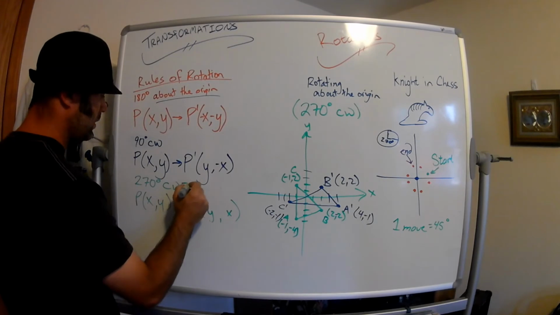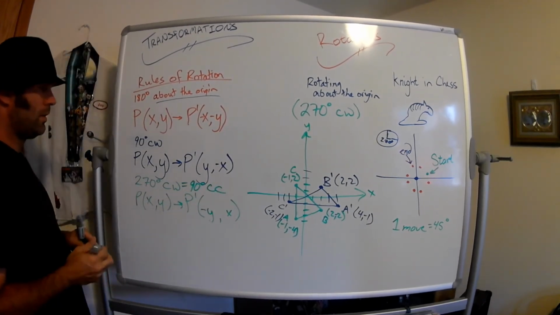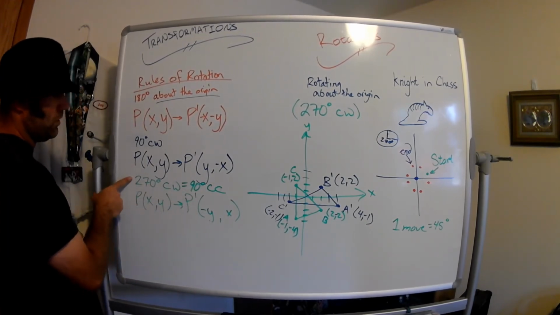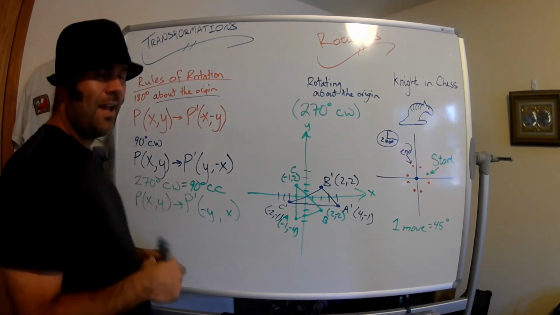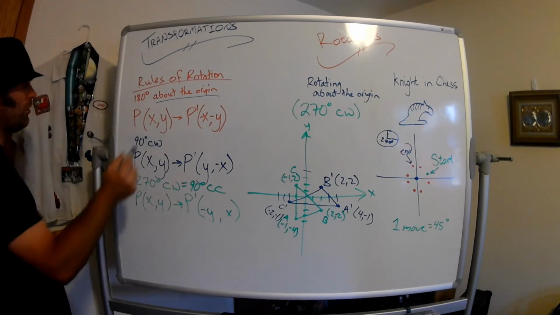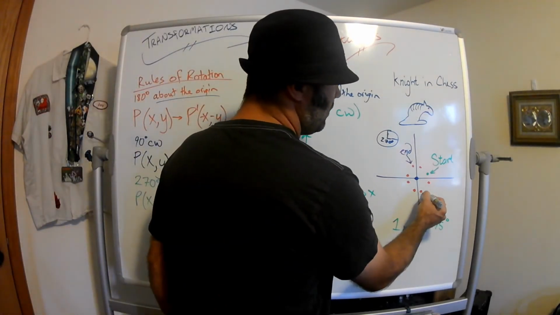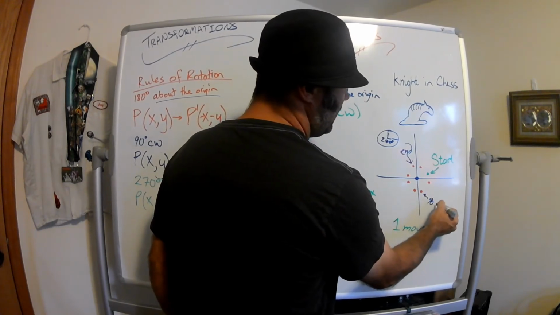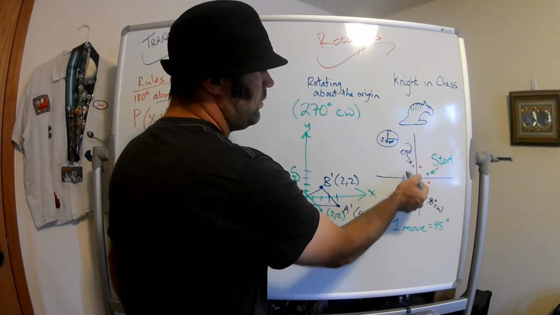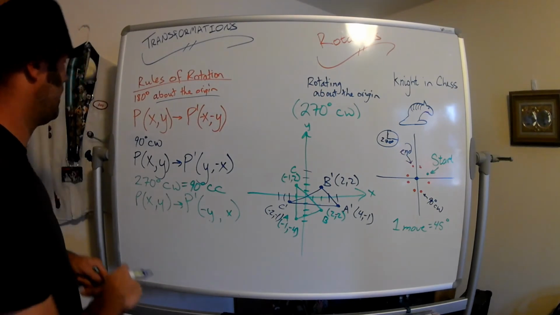Equals 90 degrees counterclockwise. So this rule applies for both 270 degrees clockwise and 90 degrees counterclockwise. So let's see here, 90 degrees clockwise would be here, right? That's 90 degrees clockwise. And that's the same as 1, 2, 3, 4, 5, 6. That's 270 degrees counterclockwise.